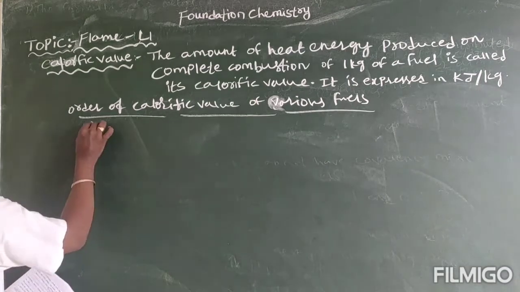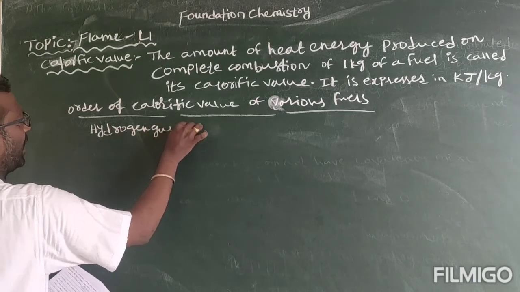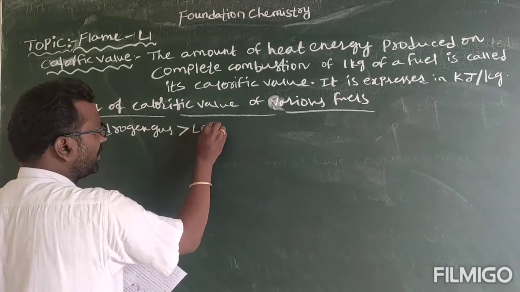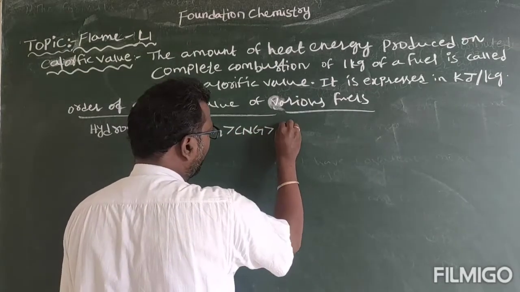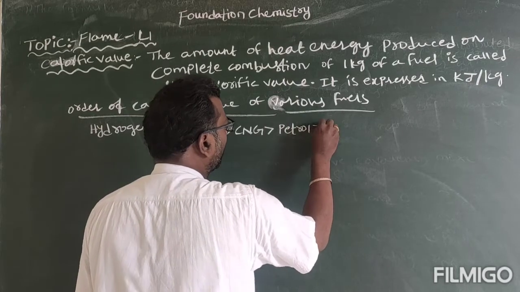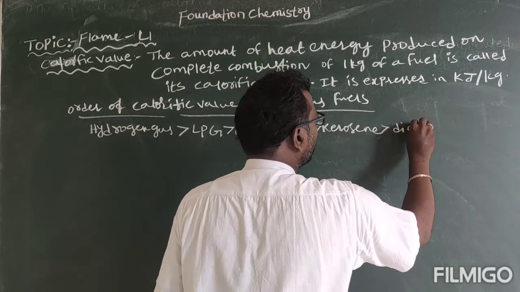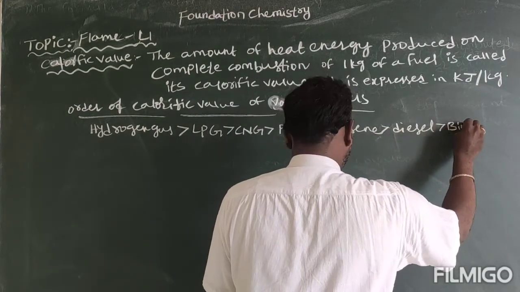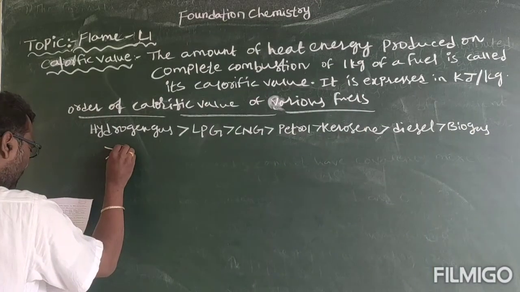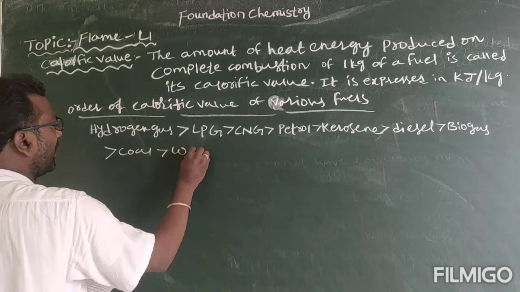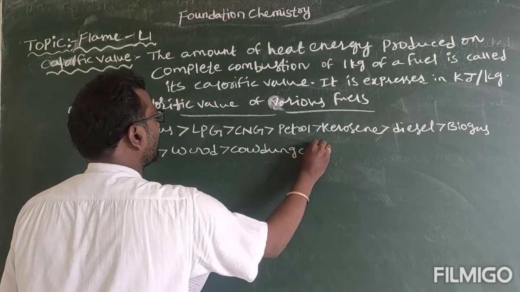So what are the calorific values? Hydrogen gas is greater than LPG, LPG is greater than CNG, CNG is greater than petrol, petrol is greater than kerosene, kerosene is greater than diesel, diesel is greater than biogas, biogas is greater than coal, coal is greater than wood, and wood is greater than cow dung cakes.